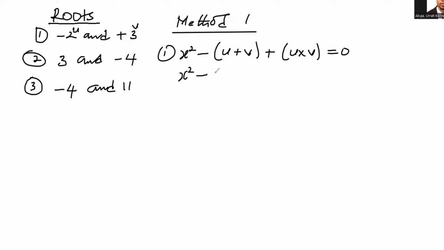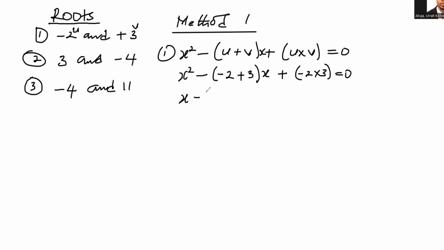So u is -2, we have x squared minus (-2 plus 3) x plus (-2 times 3) equal to 0. So this is finally equal to -2 plus 3 gives us 1.